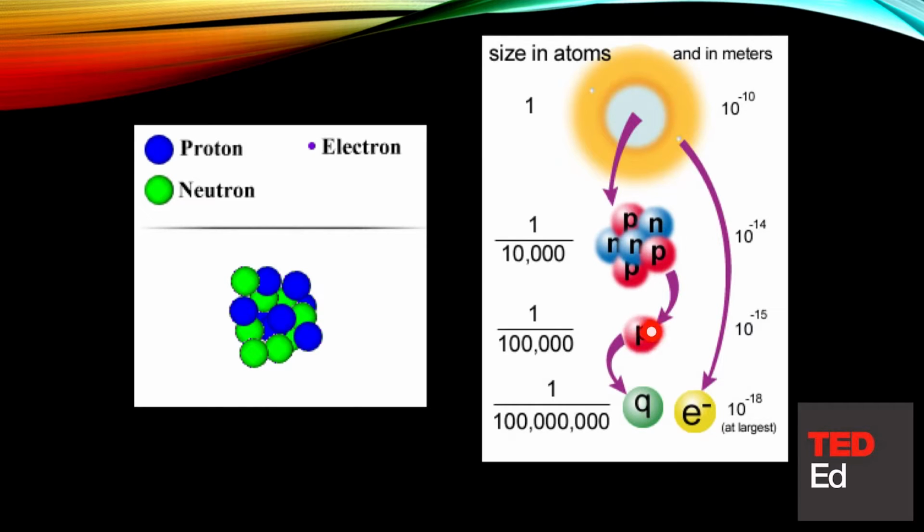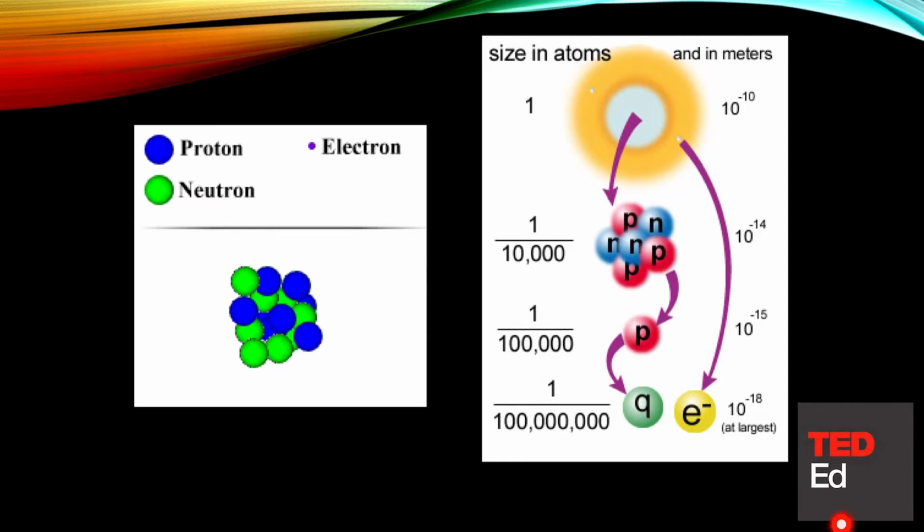A proton is about 1/100th the size of that, and an electron is 1/100 millionth the size of the atom. So electrons are very, very tiny, and they're very, very light as compared to protons. Protons and neutrons are about equal in size.